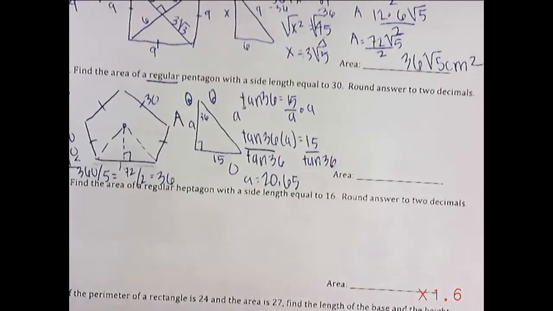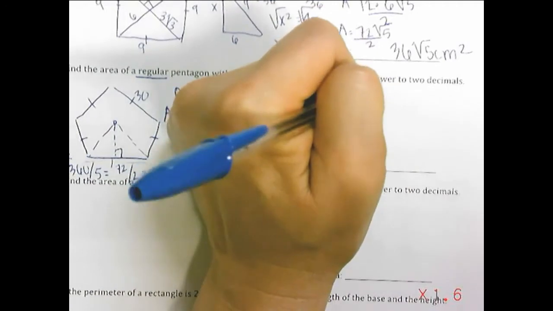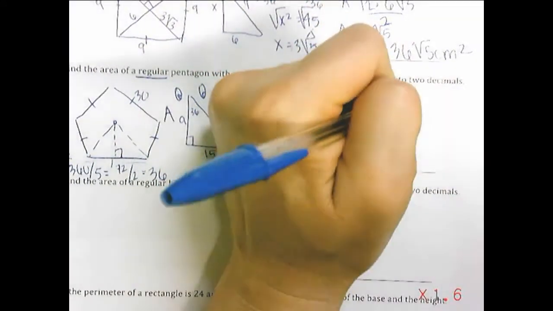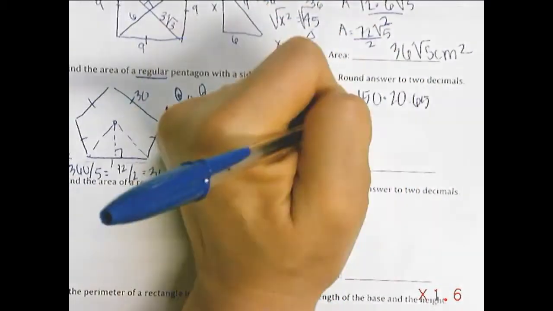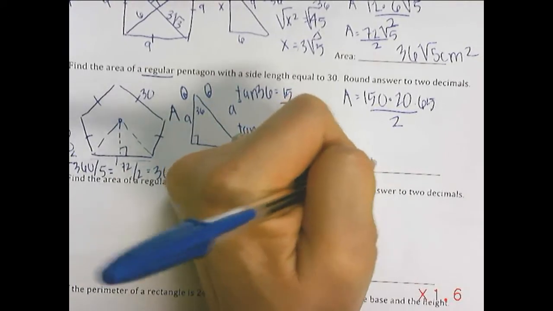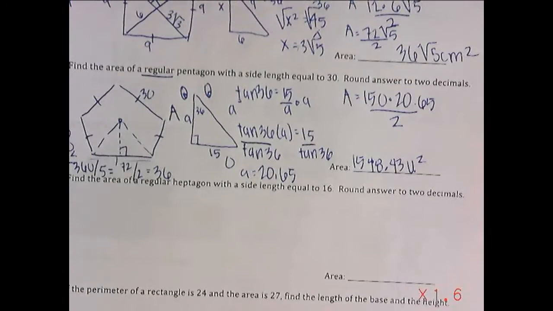Now I can find my actual area. That's going to be my perimeter, 150, times my apothem, 20.65, divided by 2, which will give me 1,548.43 units squared.